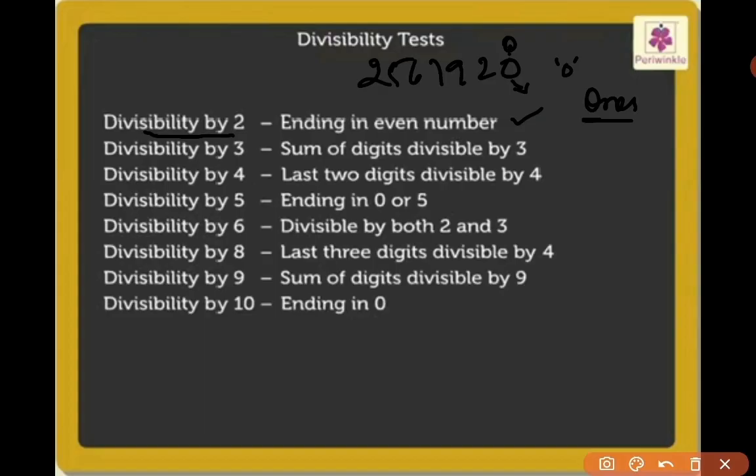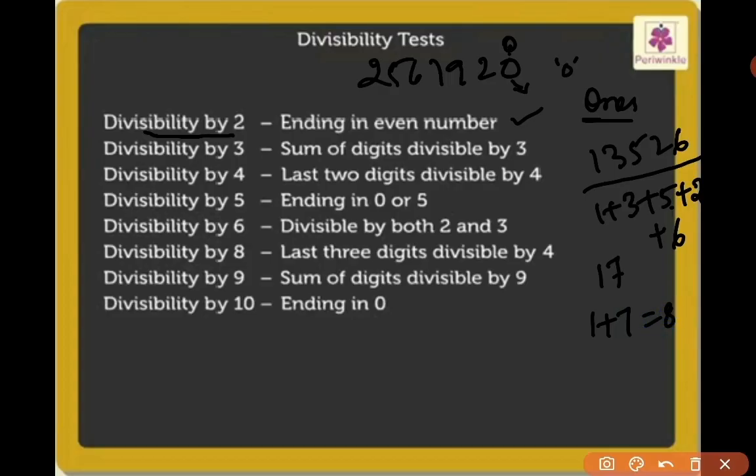Now, the divisibility rule for 3 is what? Remember, any such number is given, 1, 3, 5, 2, 6. What you will do? You will add all these numbers. This is called the digital root. So if I add 1 plus 3 plus 5 plus 2 plus 6, how much will I get? 6, 7, 8 and 13. 13 plus 3 is 16, 17. 17, again add 1 plus 7, 8.